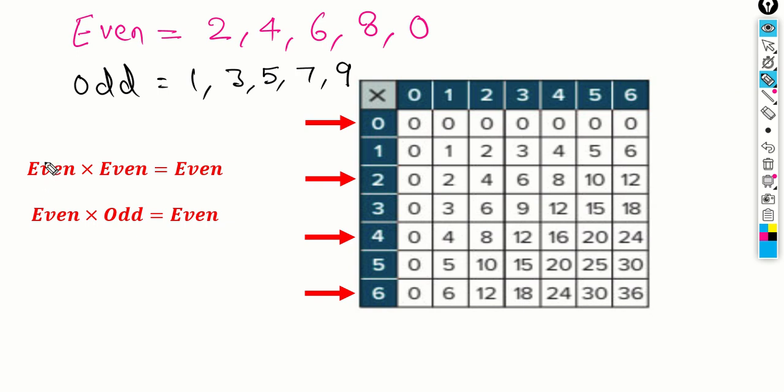When you multiply an even number, let's say 2, with another even number, 2, you will get an even number. 2 times 2, 4. You can check this here.